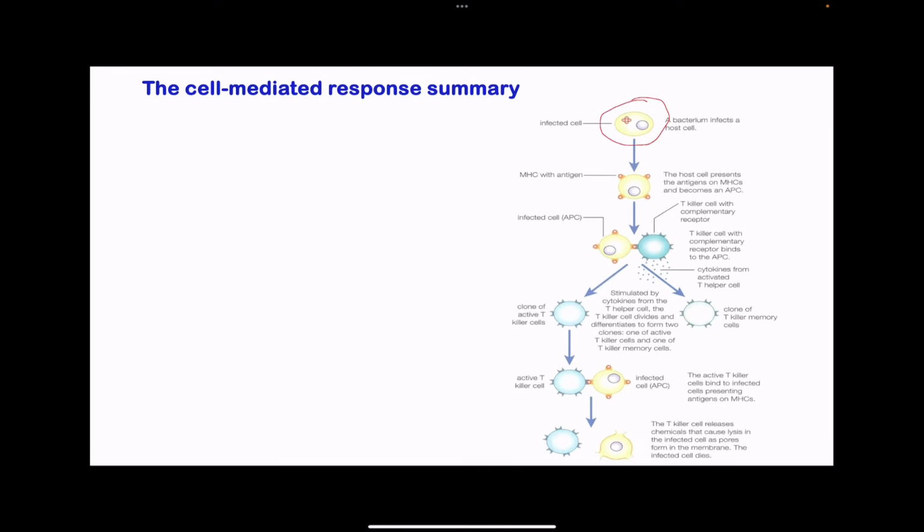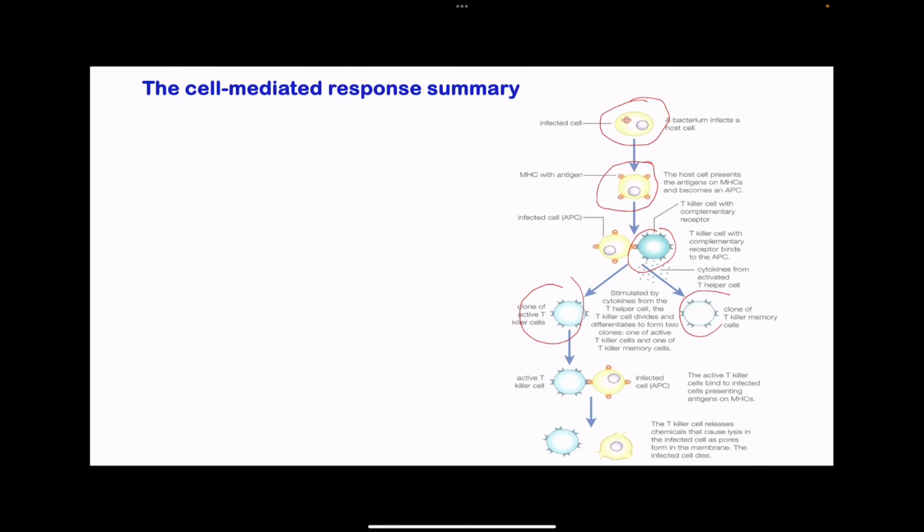So here we have an infected body cell. This infected body cell is going to become an antigen-presenting cell. And when this antigen-presenting infected body cell meets a T killer cell, the T killer cell is also going to have a complementary receptor to the pathogen or to the antigen. So in the presence of cytokines which were produced by the T helper cell, this is going to go through rapid cell division, producing the T killer cells that are going to be activated, as well as the T killer memory cells.